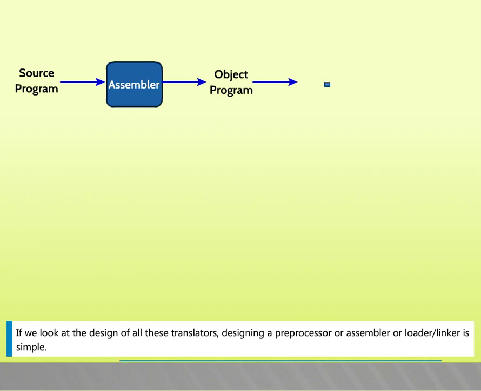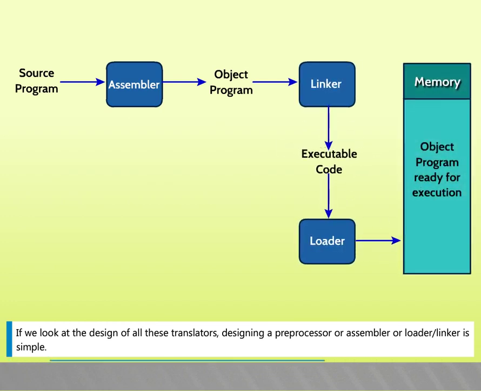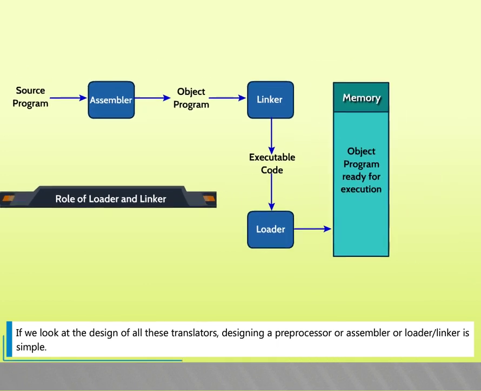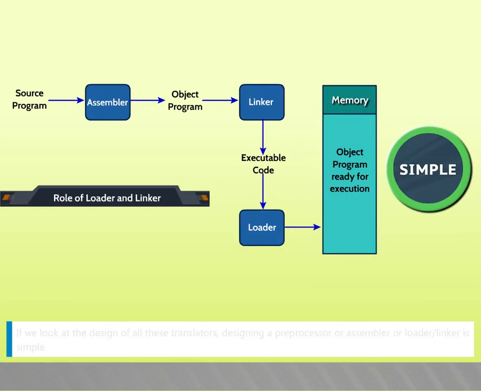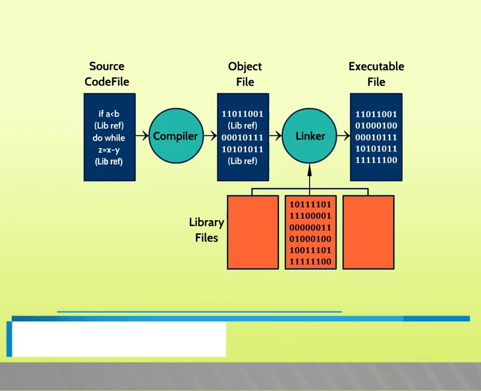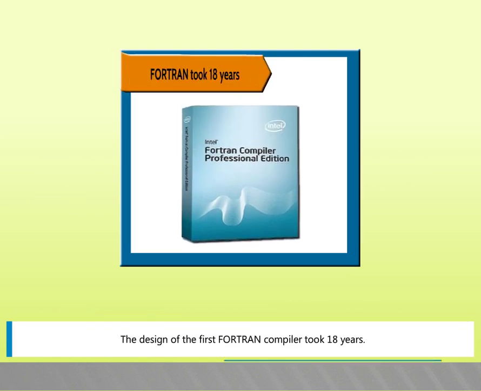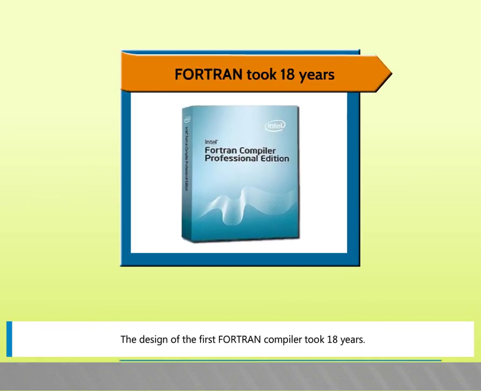If we look at the design of all these translators, designing a preprocessor or assembler or loader or linker is simple. But among all, the most complex translator is the compiler. The design of the first Fortran compiler took 18 years.